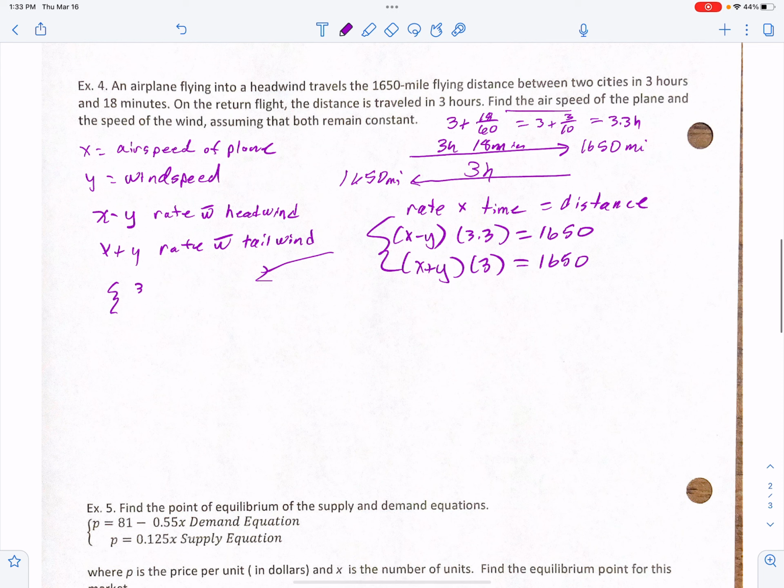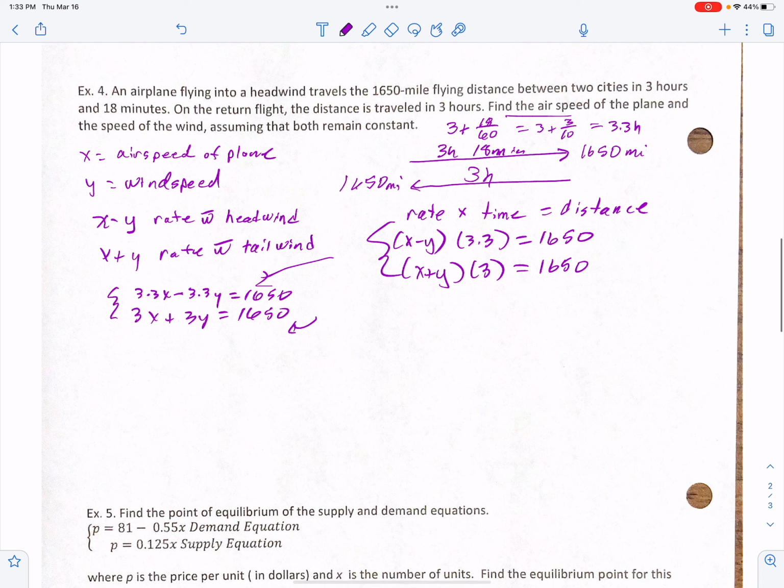If I distribute the 3.3, if I distribute the 3, and then that second equation, because right here, 1 plus 6 plus 5 add up to 12, and that's divisible by 3. 1,650 is divisible by 3.